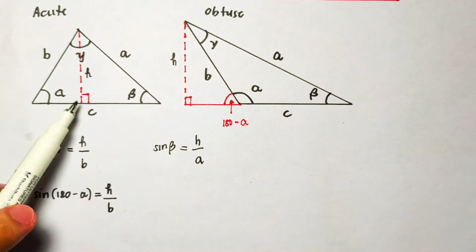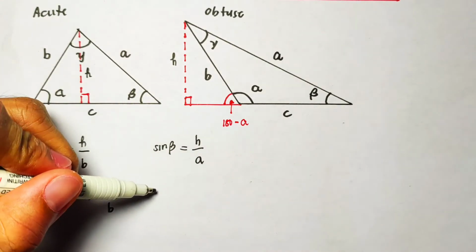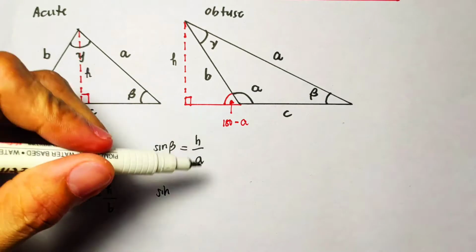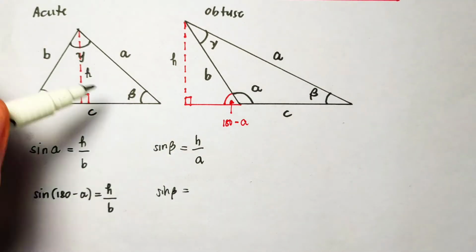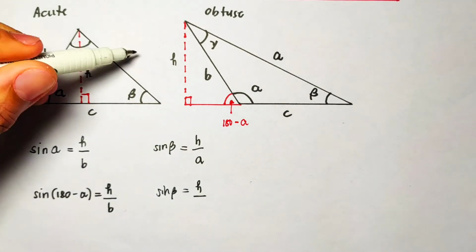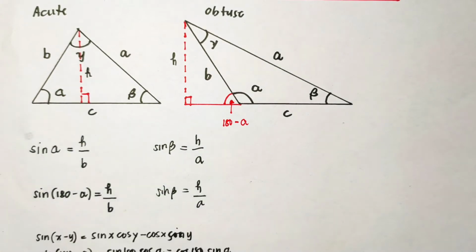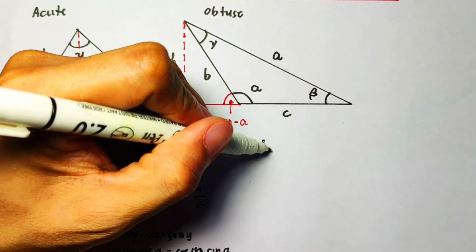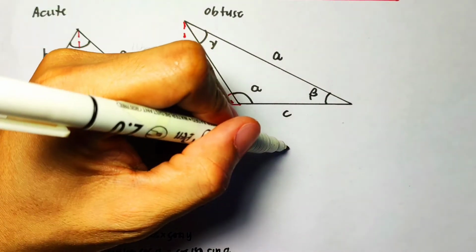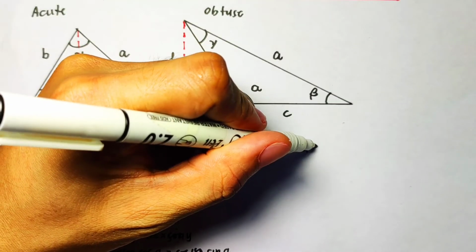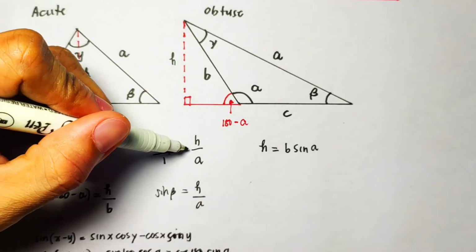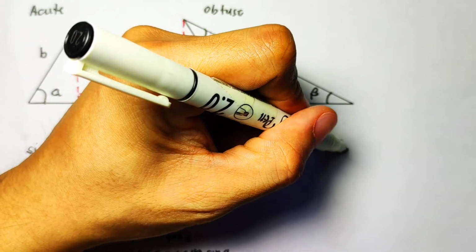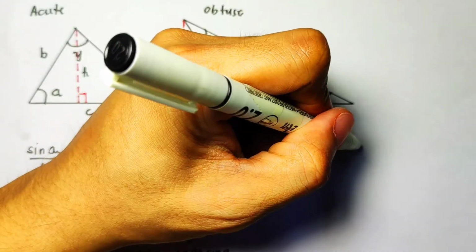Also, from this right triangle, we have sine beta equals h over A. From here, we can find the value of h. Since this is over 1, multiplying it, that will be h equals b sine alpha. Also from here, h times 1 is h equals a sine beta.